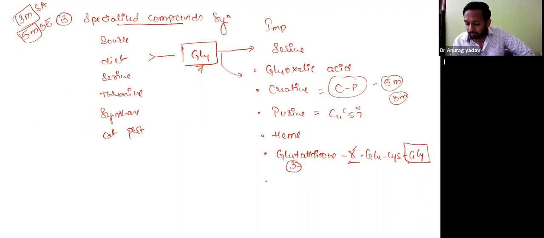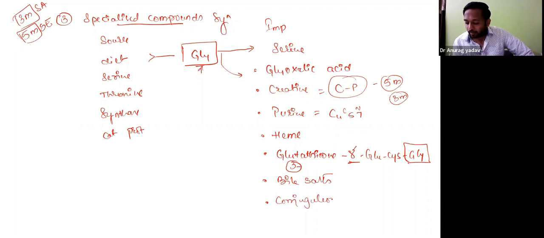So glutathione synthesis. And when you are reading degradation of hemoglobin and derivatives of cholesterol, we come across something called bile salts. Bile salts are synthesized by conjugation with glycine and taurine. So glycine is an important part of bile salt synthesis. And the last one, it helps in conjugation.